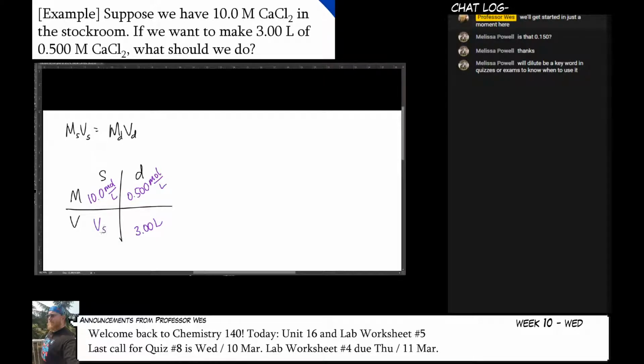What that means is that I'm going to solve for this because that's the amount that I need. Because if I multiply these two things together, I should get moles of solute. And if I multiply these two things together, I should still get that same number of moles of solute. So I'm going to rearrange my equation such that it solves for the volume of the stock solution.